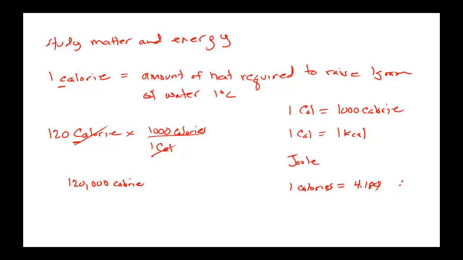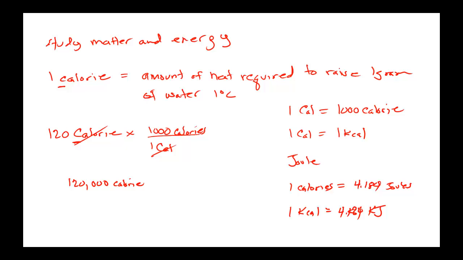Or another way we can write this is 1 kilocalorie, which is 1,000 calories, is equal to 4.184 kilojoules. That's probably going to be the more important conversion because most of the things we do on the human scale are in kilocalories and kilojoules.